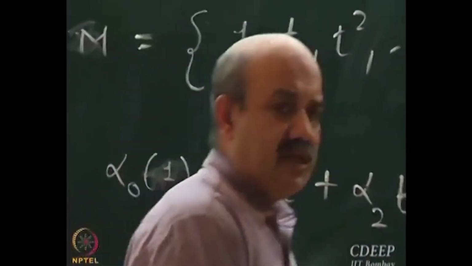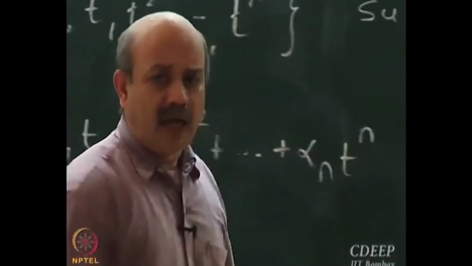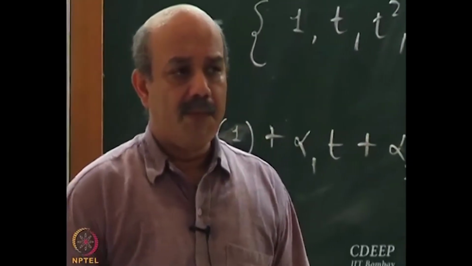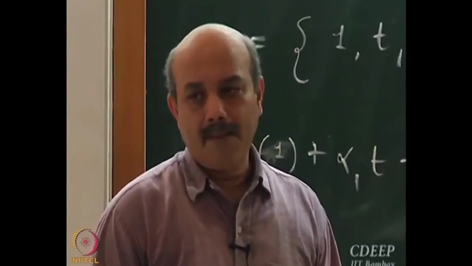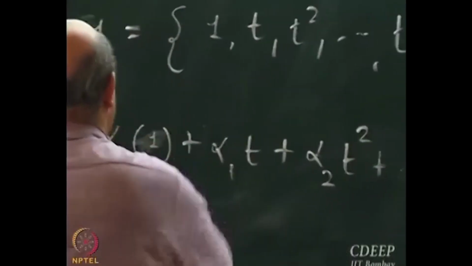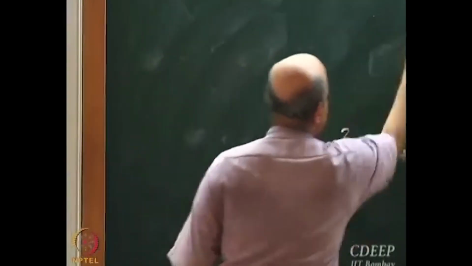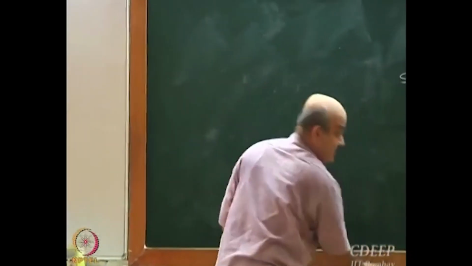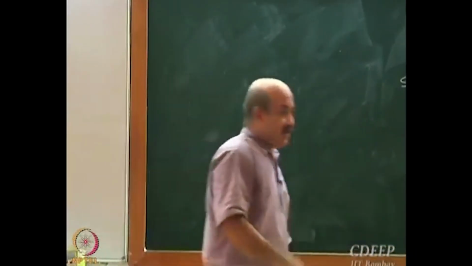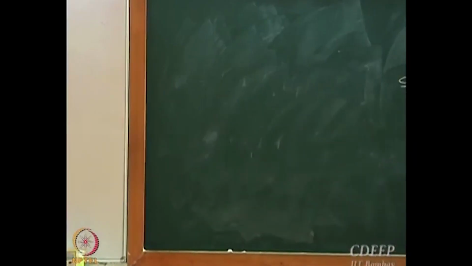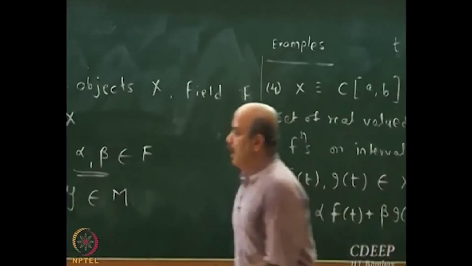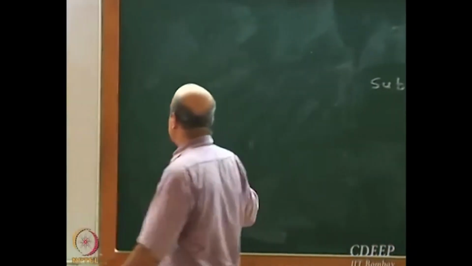I'll give you another example of a subspace. Can you think of a subspace for n cross n matrices? You understand this if you understand these examples, because just writing this definition is too abstract. Unless you associate it with some real examples, it's not possible to understand these concepts.